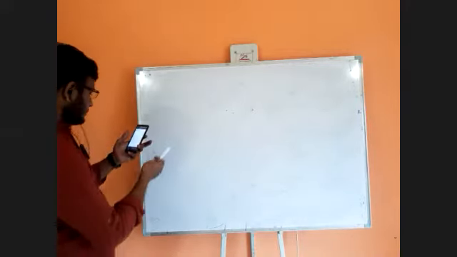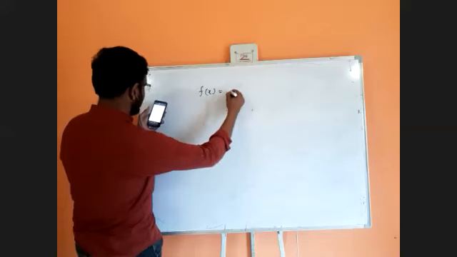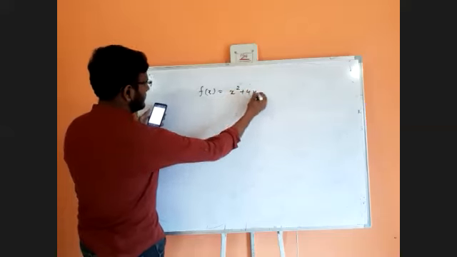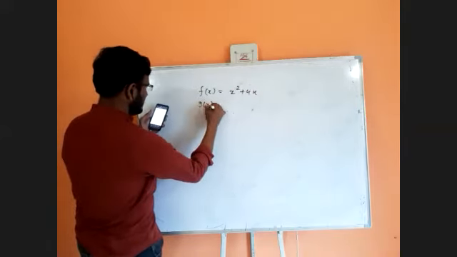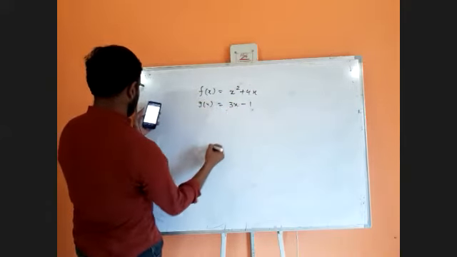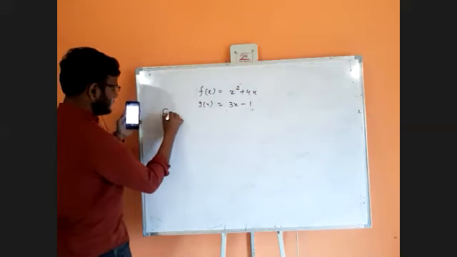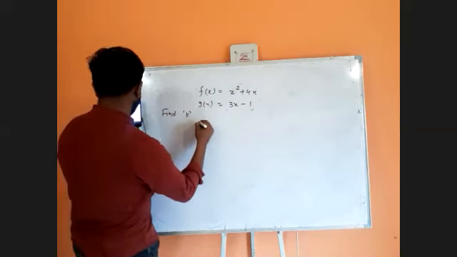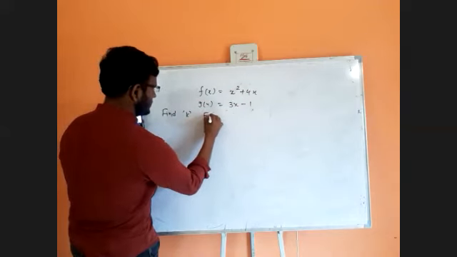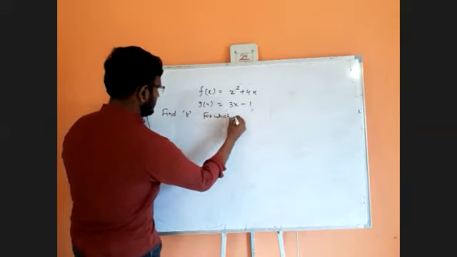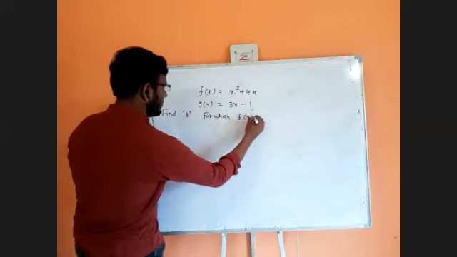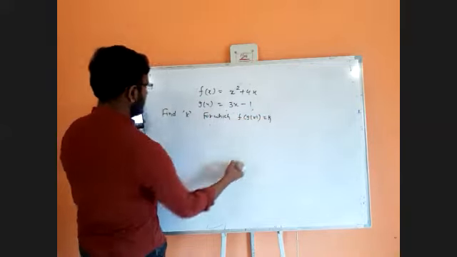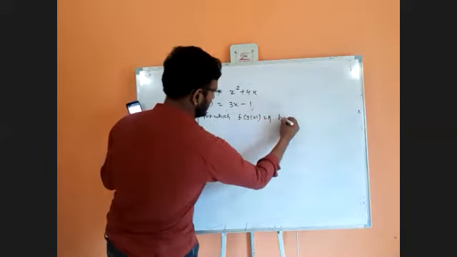Now f of x is x square plus 4x, and g of x is 3x minus 1. Find k for which f of g of x is equal to k has real solution.